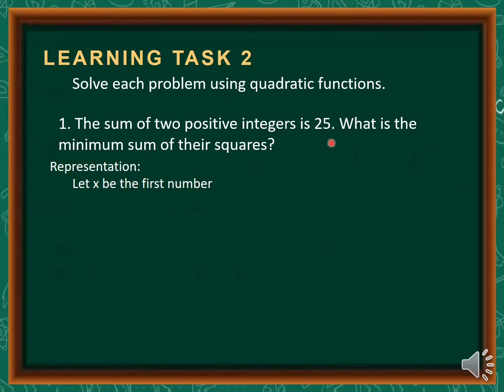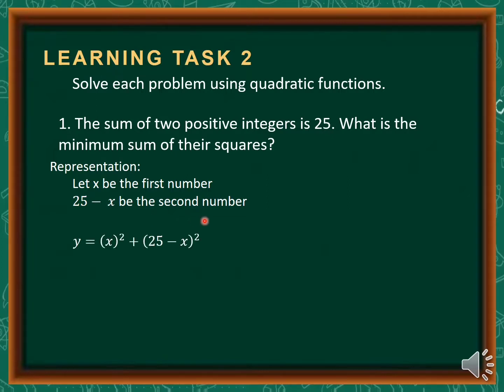Correct. 15. So, paano nyo kuha yung 15? Diba, mina-minus lang yung 5, yung first number, doon mismo sa sum. So, that is how we get the second number. Therefore, the second number is represented as 25 minus x, since the sum is 25. 25 minus the first number, that is the second number.